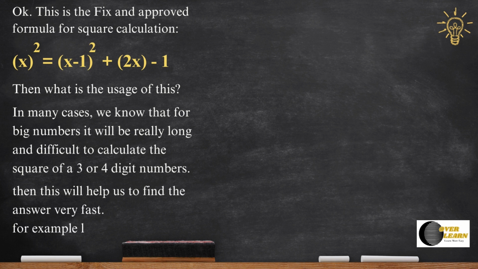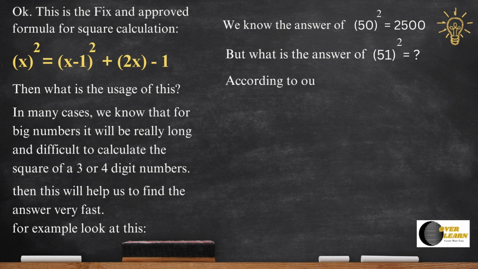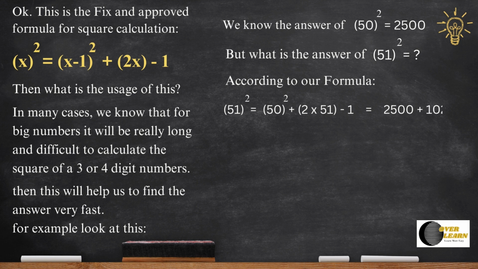For example, look at this. We know the answer of 50 power 2 is equal to 2500. But what is the answer of 51 power 2? According to our formula, 51 power 2 is equal to 50 power 2 plus 2 times 51 minus 1, is equal to 2500 plus 102 minus 1.